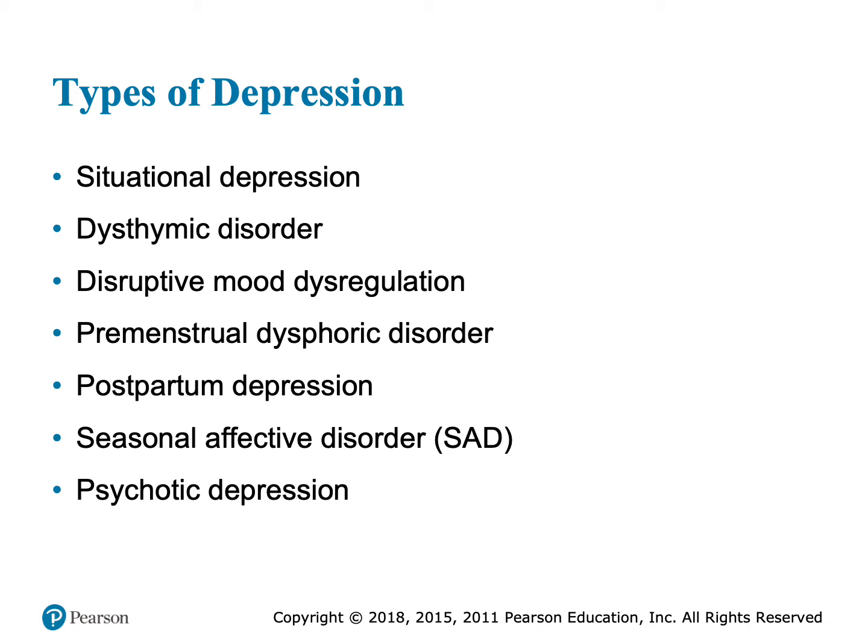The types of depression are listed here on this page. There's situational depression, dysthymic disorder, which is when there's persistent mild depression, disruptive mood dysregulation, which is when it's unregulated, and premenstrual dysphoric disorder, when there's severe irritability 2 weeks before your period, and it generally subsides 2 days before the period begins.